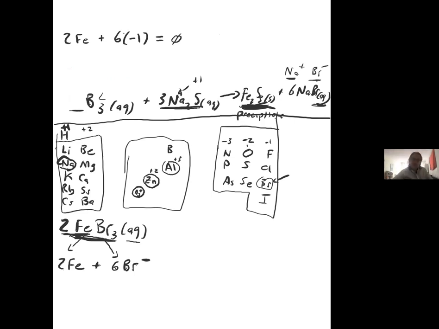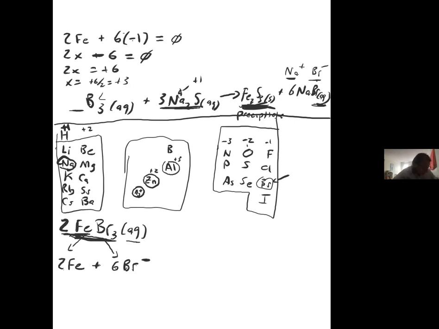So now you're just going to solve for the iron like a variable. In fact, if you want to write it like algebra, you just write 2x, with x for each iron. And then 6 times -1 is -6. So I'm just going to write -6. You add 6 to both sides, and then you divide by 2.